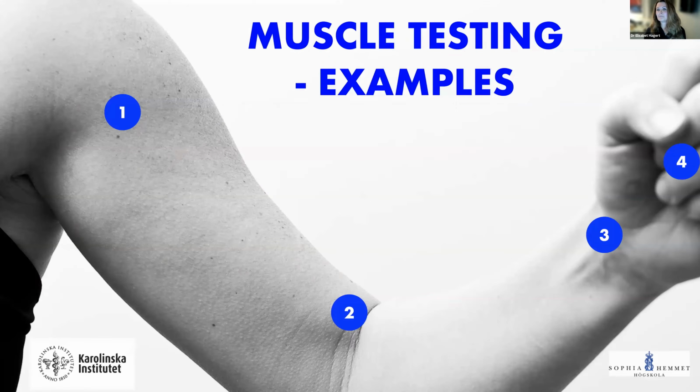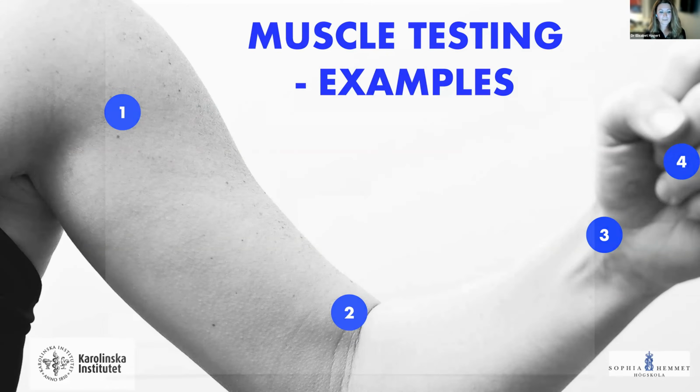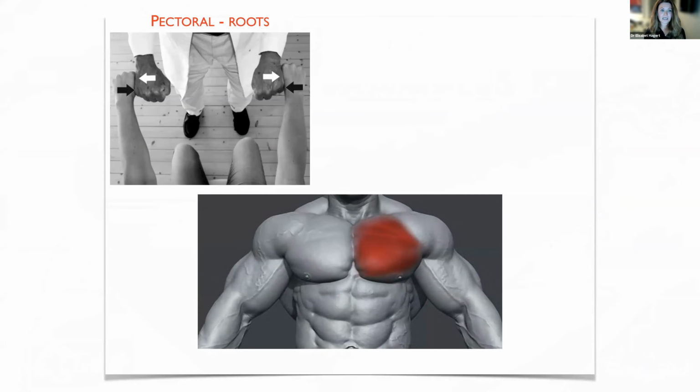So let me give you some examples of what we can find when we do muscle testing. The first position that we test is the pectorals. So arms completely straight, you put your hands in between and you try to push out. Now, why do we start with that? Well, the pectorals are innervated by almost all of the cervical roots, so C5 through T1.